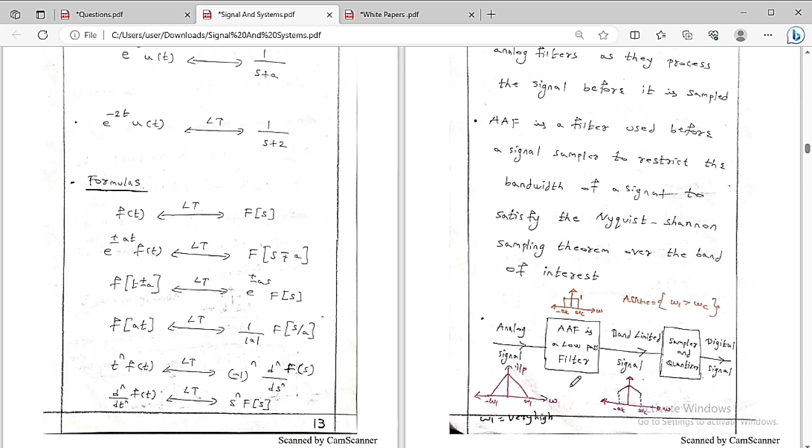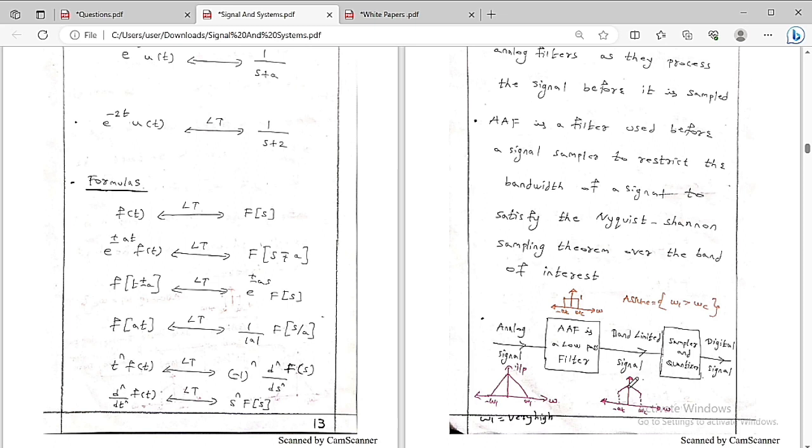So this is the basic nature of the anti-aliasing filter. It keeps only those frequencies which are required, but not the other frequencies. Practically the analog signal will have a lot of frequencies, but we don't need all of them. That is the reason we always keep this anti-aliasing filter before the sampler, in order to get a signal having the frequencies that are useful for our purpose.